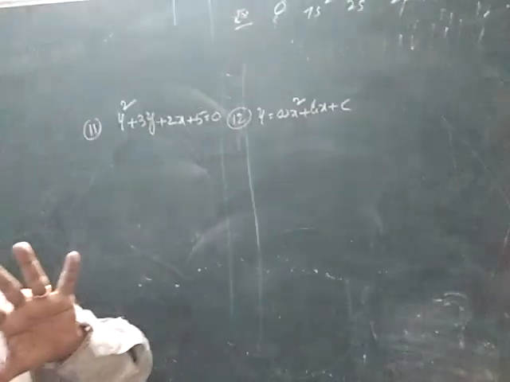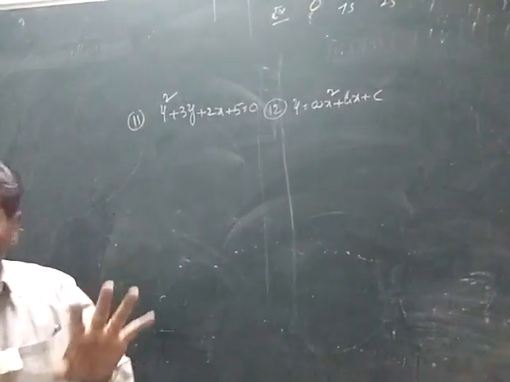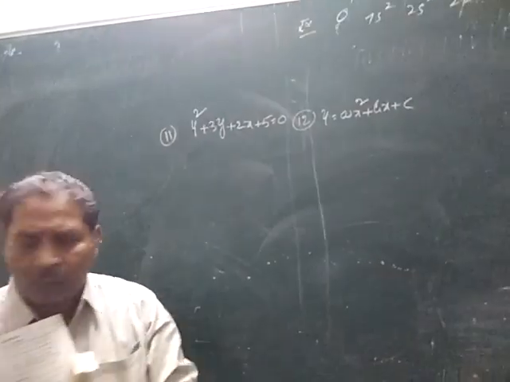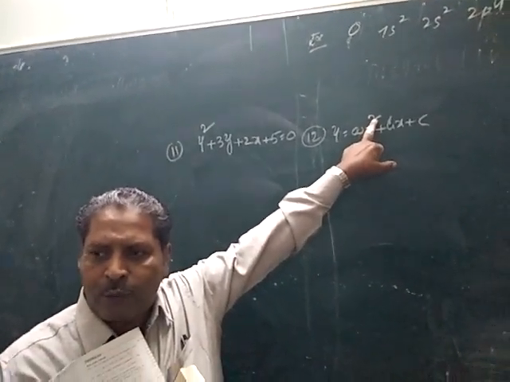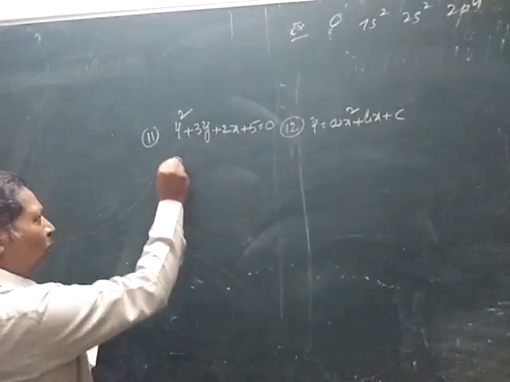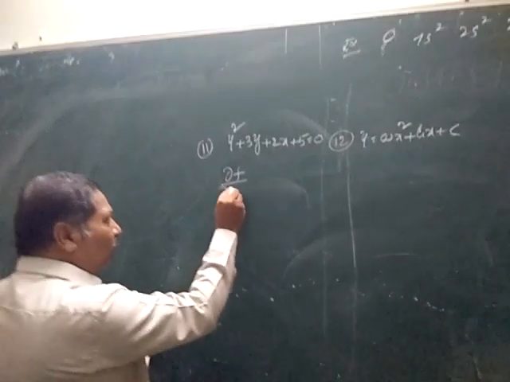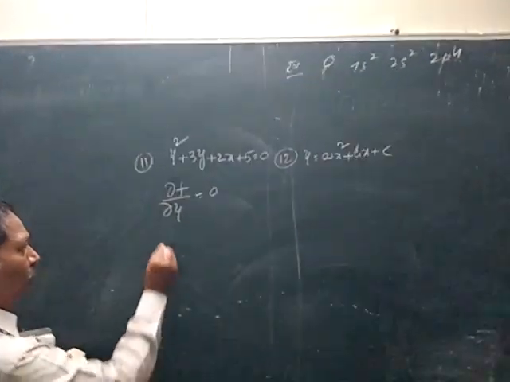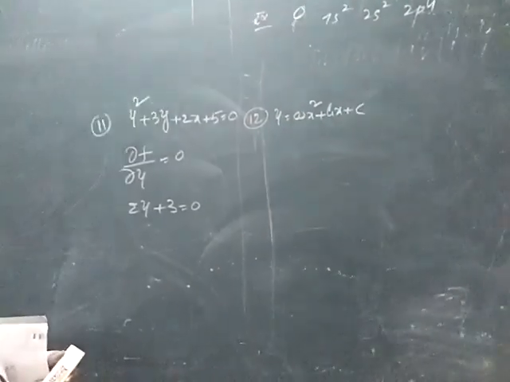So the equation of the axis: for a y square parabola, ∂f/∂y equal to 0. For an x square parabola, ∂f/∂x equal to 0. So ∂f/∂y equal to 0 gives 2y plus 3 equal to 0.